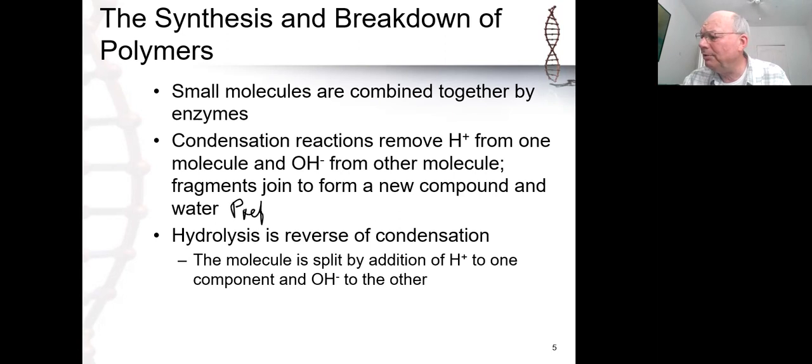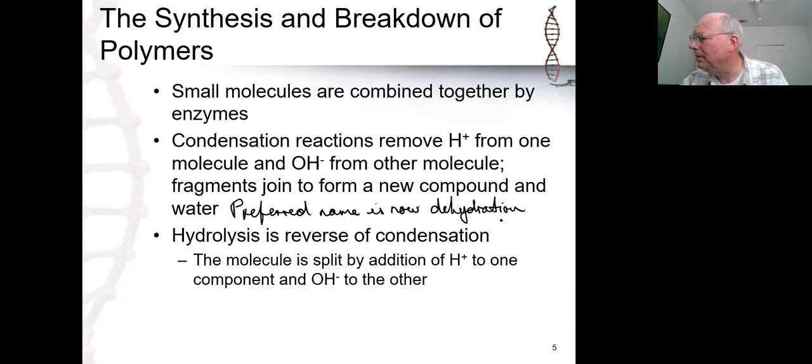So I'm just going to put in here preferred name. It's now a dehydration reaction. I probably need to edit this slide to change that out, because there is a change in terms of what is the preferred name.